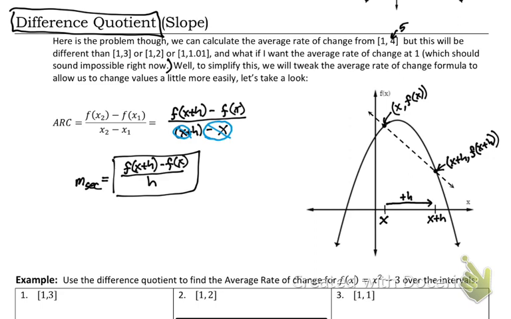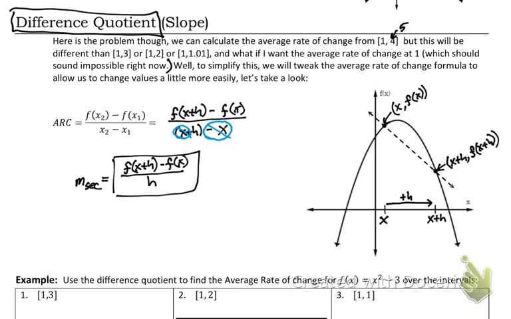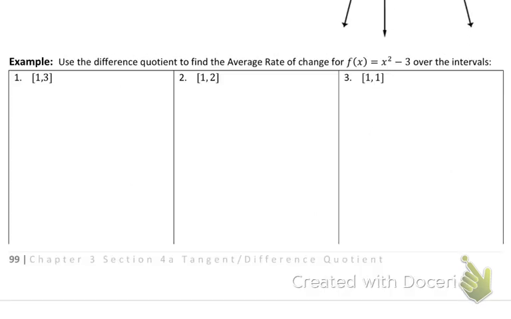So what does this look like in practice? Well, let's just do 3 examples down here. We're supposed to use the difference quotient. Our difference quotient is this guy right here, to find the average rate of change of f of x equals x squared minus 3 over these intervals. Now remember, when we have these brackets here, these intervals, these are both my x values.